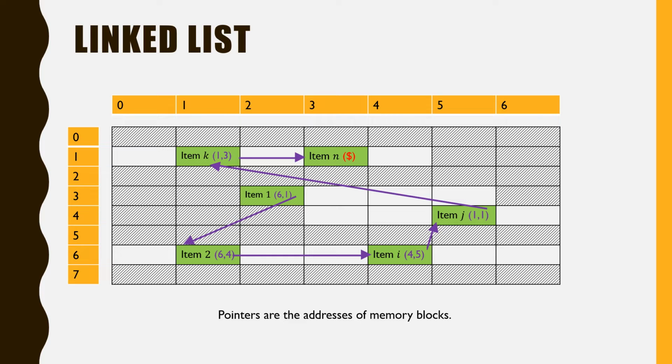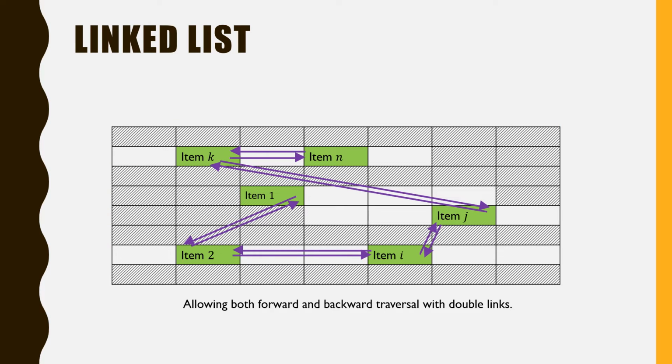For example, for data element 1, we also need to include the coordinate 6, 1 to indicate that data element 2 can be found in row 6, column 1. In reality, an address is most likely stored in a 32-bit or 64-bit word. With the links, we can easily traverse the entire set of data or access an arbitrary element by following the links.